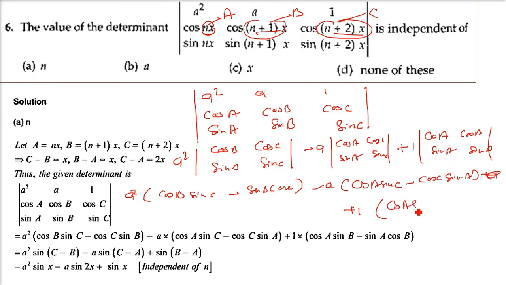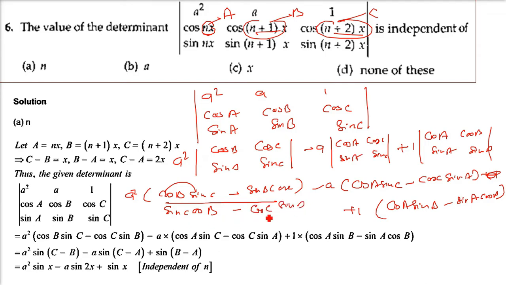Now we have an identity here. So this is cos B sin C minus cos C sin B. Just assume that it is like cos A sin B minus sin A cos B, so it is sin(A minus B).